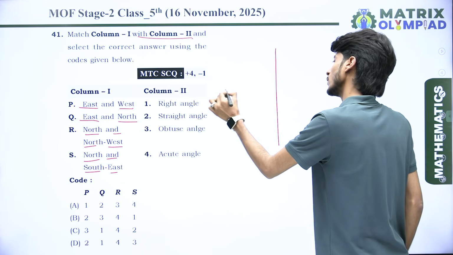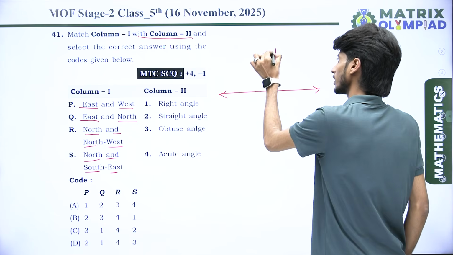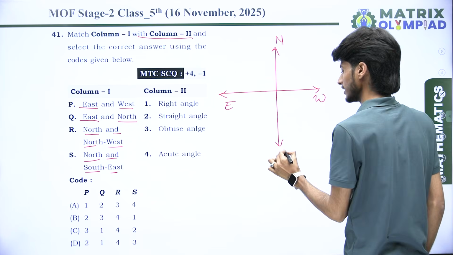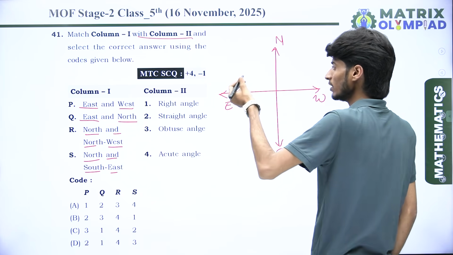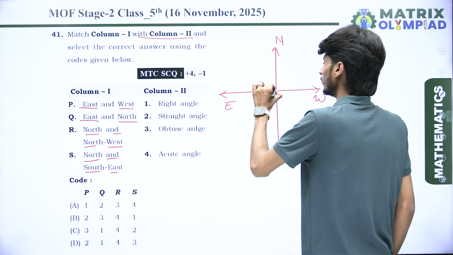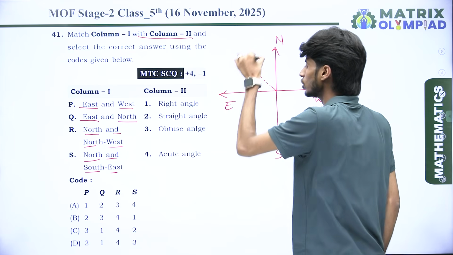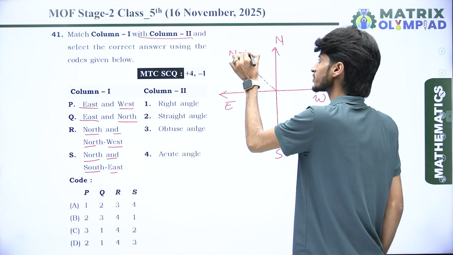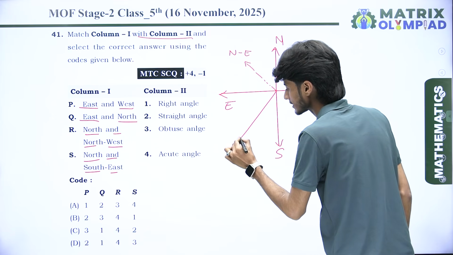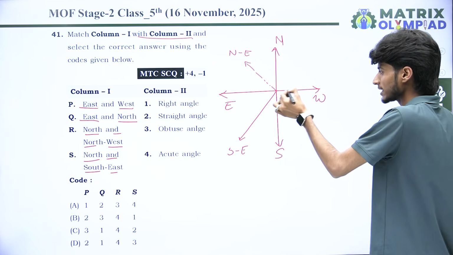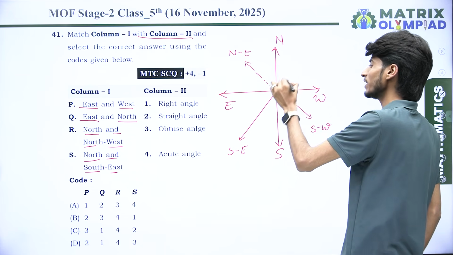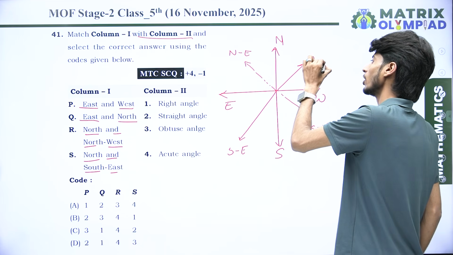The first ones are north, east, west and south, and there are 4 more directions, known as sub-directions, and we represent them like this: north and east, northeast; south and east, that means southeast; south and west, that means southwest; north and west, that means northwest.